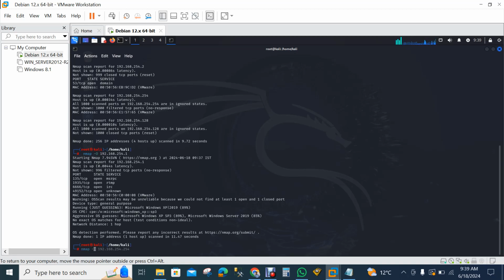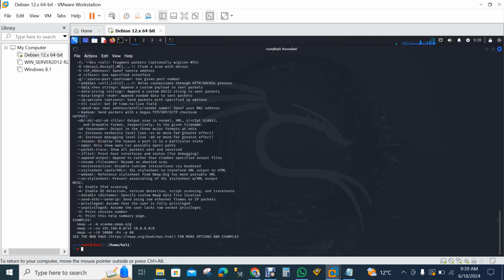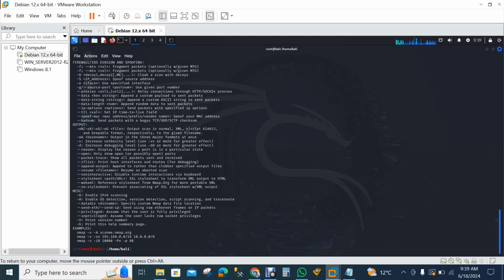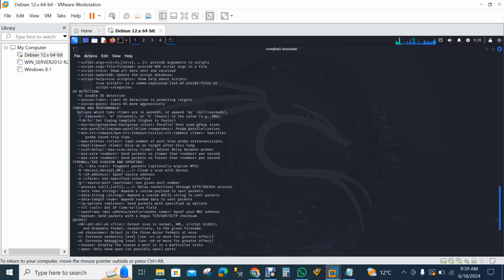Nmap space hyphen h. If you write it like this, nmap will give us every option. Because we used O, we can find O here. Here is OS detection.